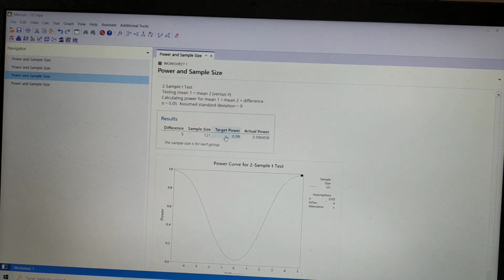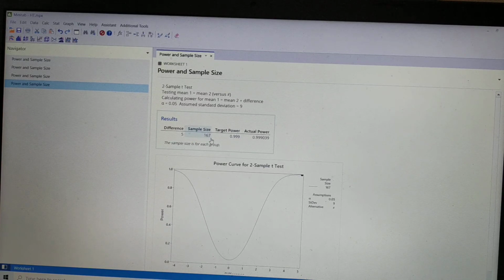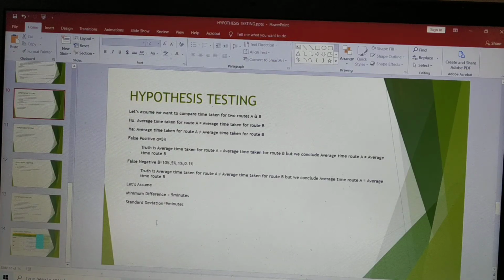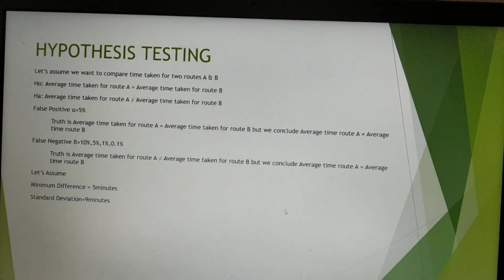Then if we still want to increase the power of the test to 99.9%, our sample size increases to 167. So we'll just tabulate this and see.